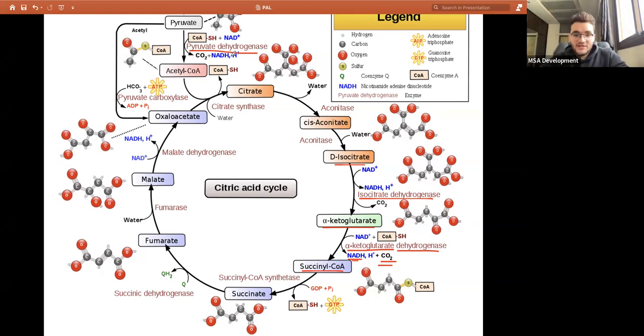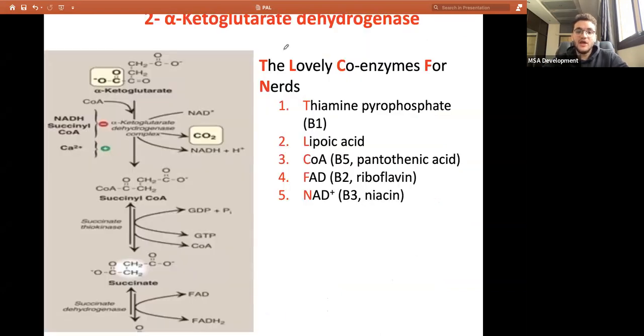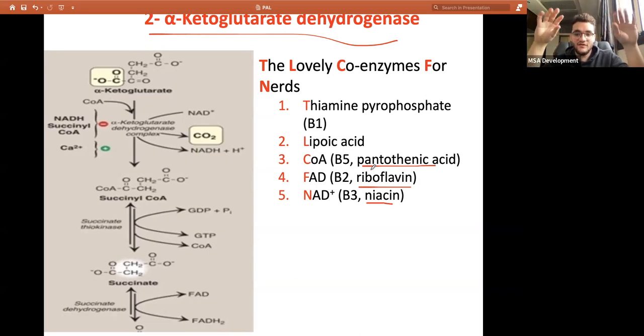These coenzymes, which are needed for pyruvate dehydrogenase, are also needed for alpha ketoglutarate dehydrogenase, and this is presented right over here. For alpha ketoglutarate dehydrogenase to work, it also needs the 5 coenzymes. You also have to know the other names: pantothenic acid, riboflavin, and niacin. So pyruvate dehydrogenase and alpha ketoglutarate dehydrogenase both need these 5 coenzymes.